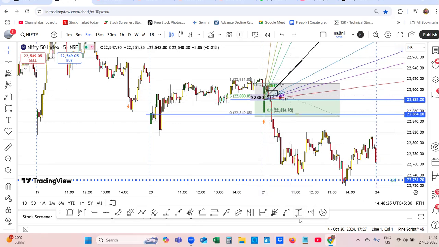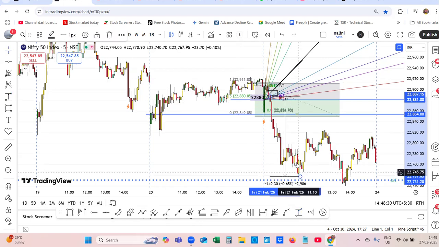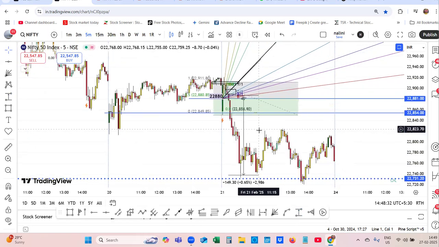I am going to show you today's trade also. That is 148 points in the trade. Suppose you have taken a 22,900 put option, around 70 points you should have made in this put option trade.